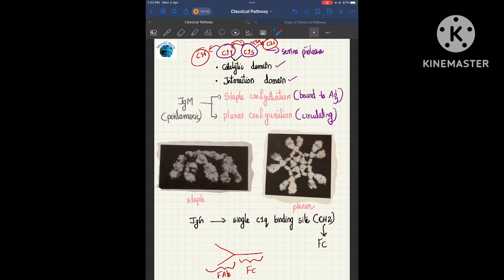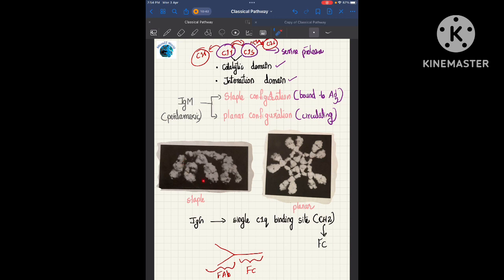Whenever an IgM antibody is bound to the surface of an antigen, it exists in the staple configuration. This is the staple configuration. But whenever the IgM is not bound to any antigen and is freely circulating in the serum, it exists in the planar configuration. What is the difference between these configurations?